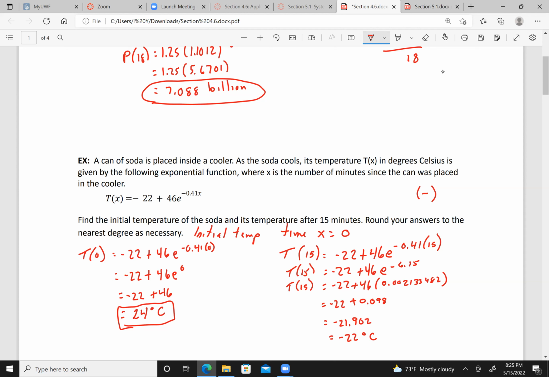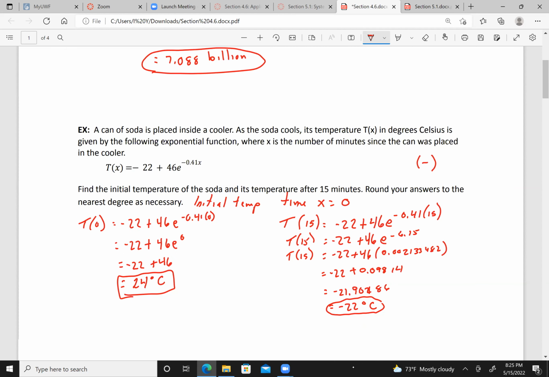We get this, which rounds to the nearest temperature of negative 22 degrees. So in 15 minutes, the can went from 24 degrees Celsius to negative 22 degrees Celsius. That's pretty quick.